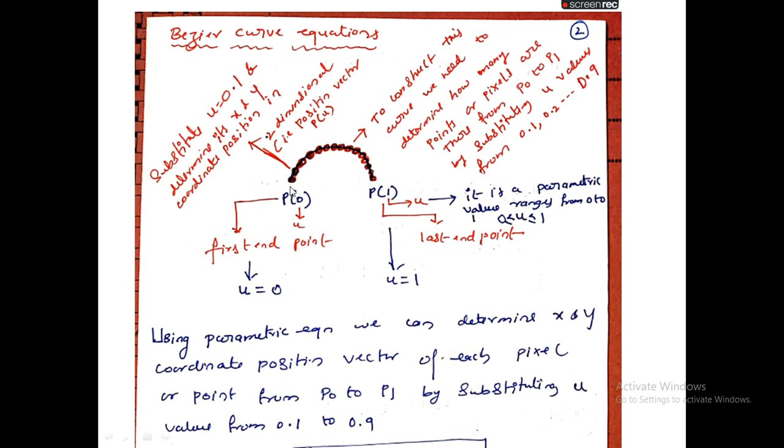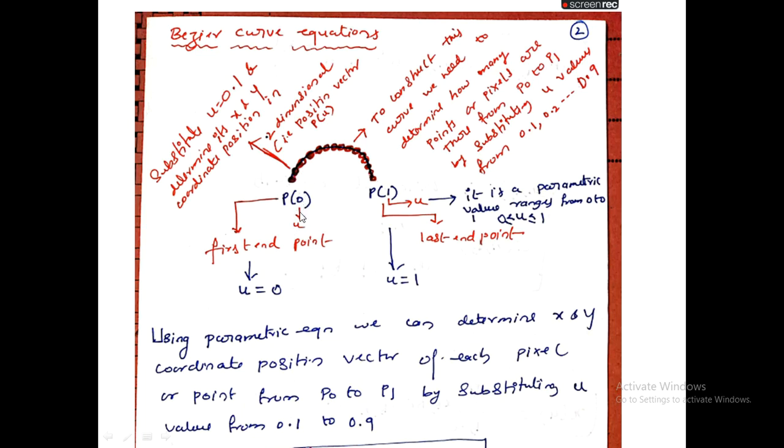Now I want to create one curve like this. When I want to create a curve like this, we are using a parametric equation here. When we use a parametric equation, we use one parameter called u, that is P of u.